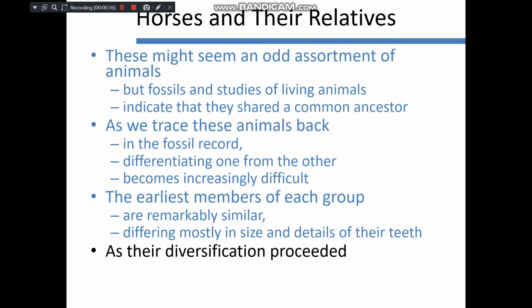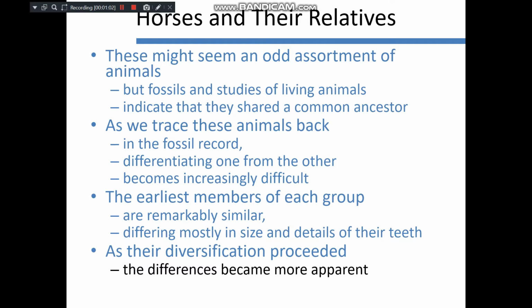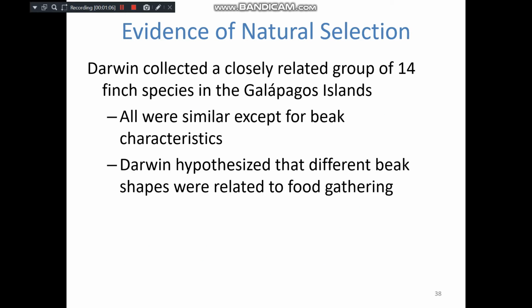There's a close relationship because all of them have evolved from a common ancestor, and that is evident as well as justified when we look back at the fossil records, and we can even find out where they got diversified and developed into separate species. Everything is more evident as these fossils are made available, when the differences have become more evident.